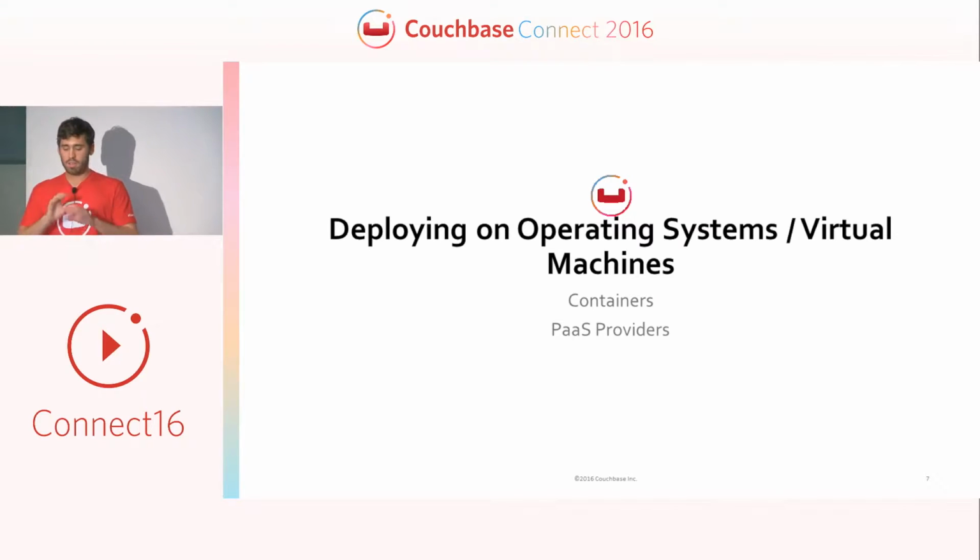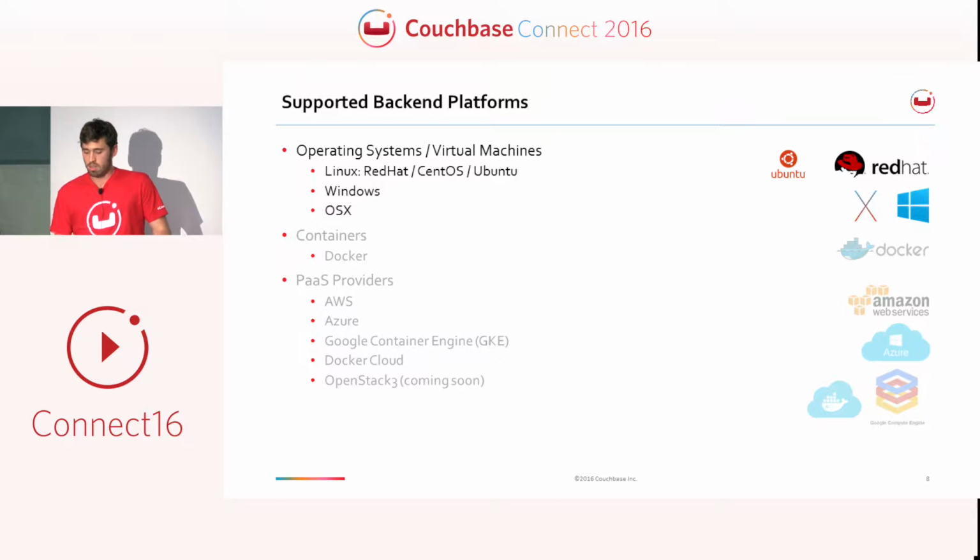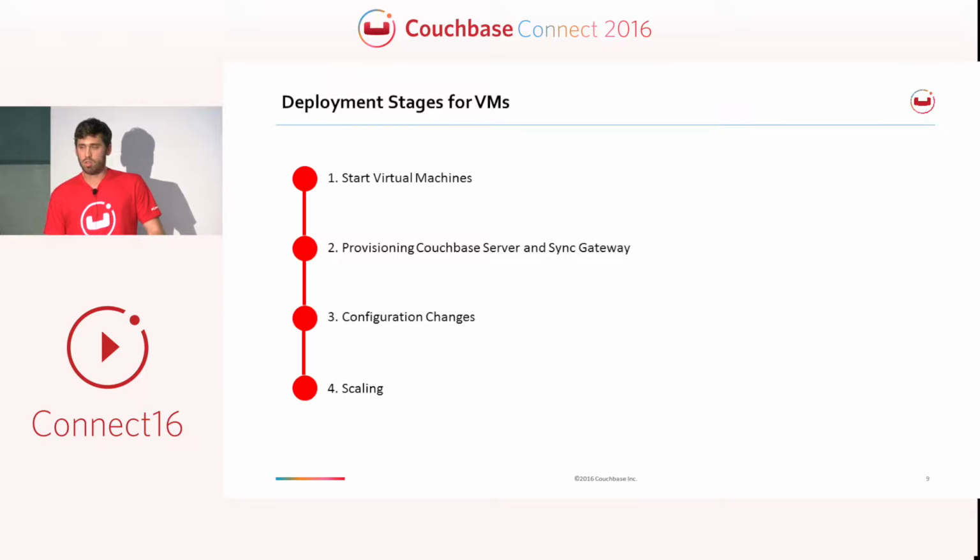All right. The first way to deploy this architecture will be on virtual machines. There are different platforms we support, such as CentOS, Ubuntu, Red Hat, Windows, and OS X. And depending on the one you choose, you usually have those 4 steps to go through. First, you start the virtual machines.